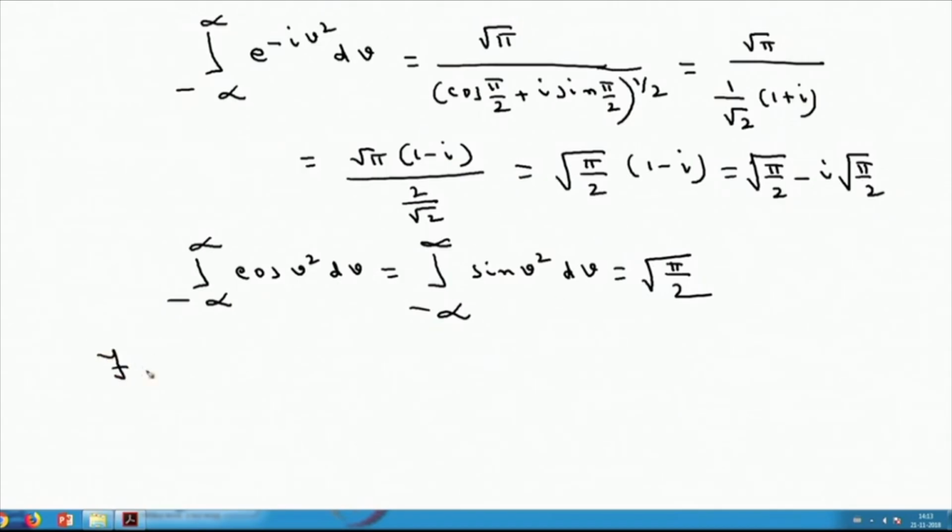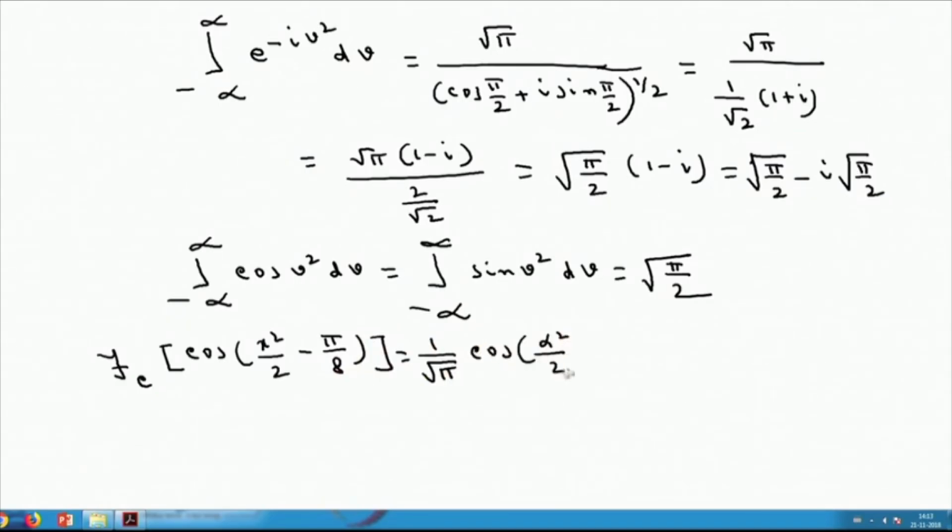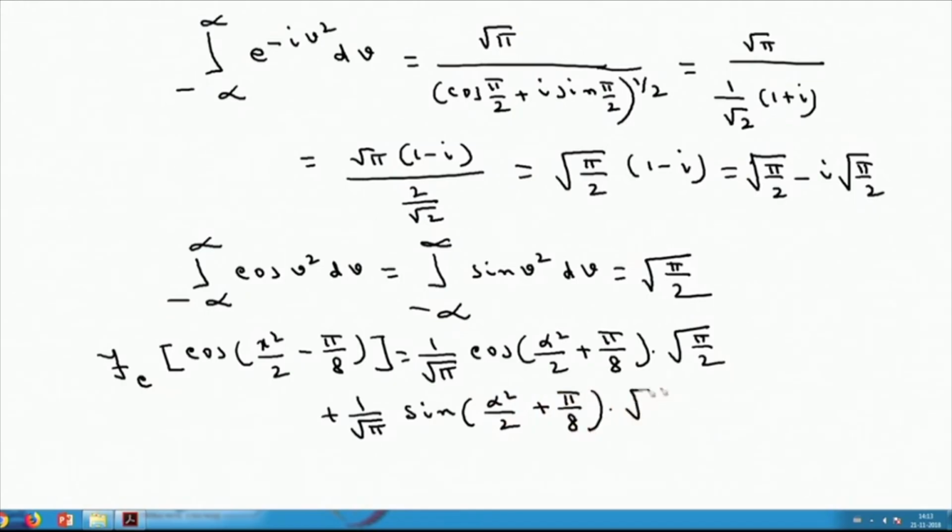Therefore, the Fourier cosine transform of cos of x square by 2 minus pi by 8 equals, I got earlier, 1 by root pi into cos of alpha square by 2 plus pi by 8 into root pi by 2, plus 1 by root pi into sin of alpha square by 2 plus pi by 8 into the value of the given integral, which is nothing but root pi by 2.